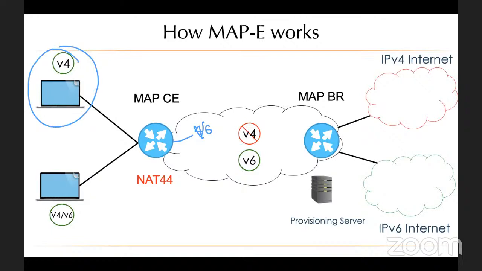And then the map rules are also used when the packet is coming back from the internet at the BR. And like I said, this is the beauty of MapE. MapE is quite complex, but it's really preferred because of its stateless nature.